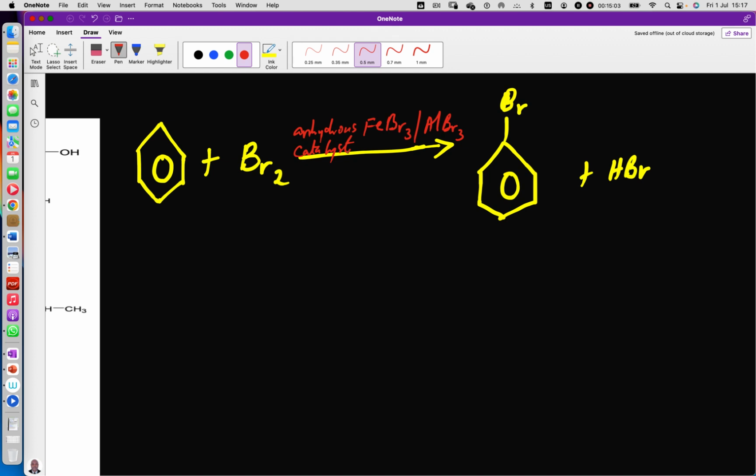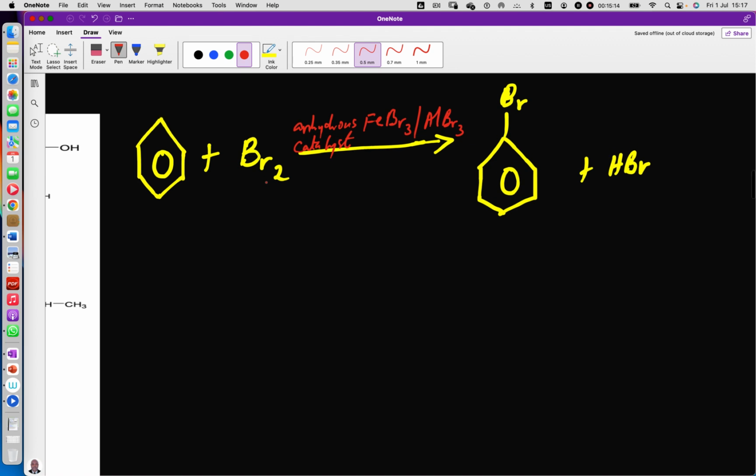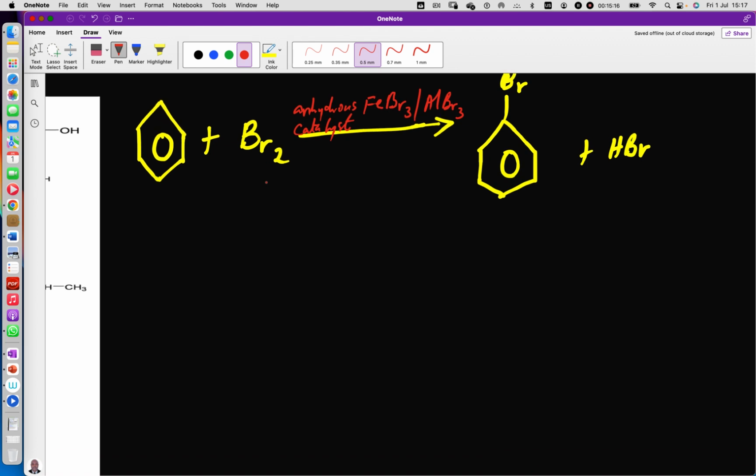The most important thing here is how you can produce the electrophile. Okay, this is how this is done. Look at the equation very well. The most important thing for the reaction mechanism is how you can produce the electrophile.